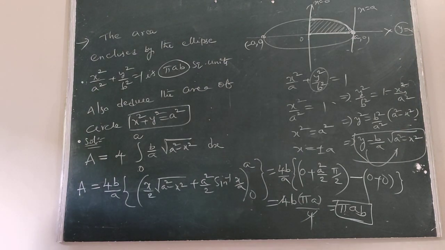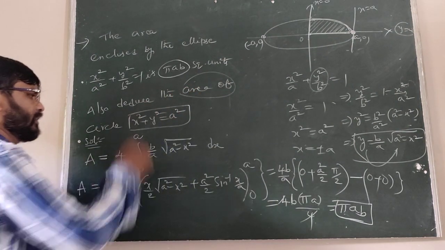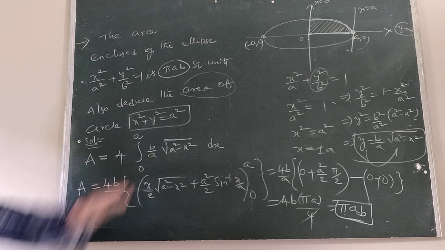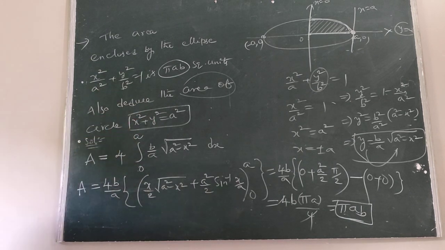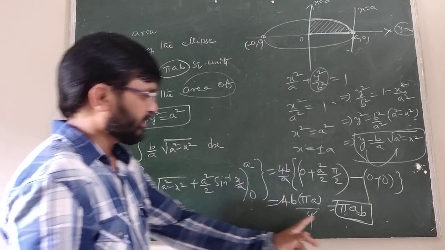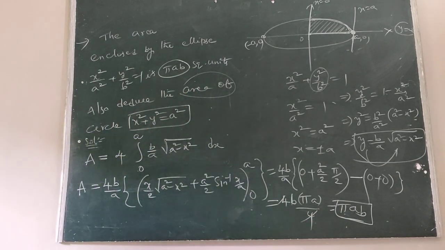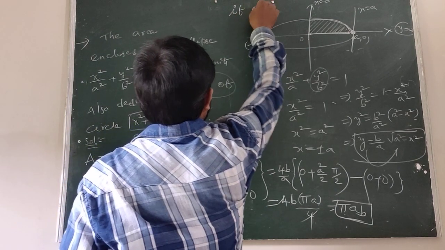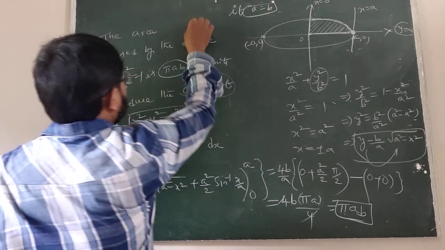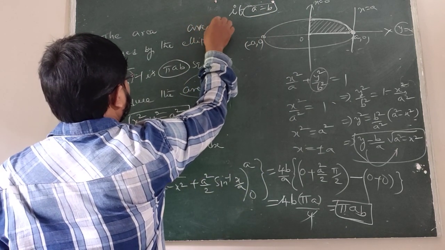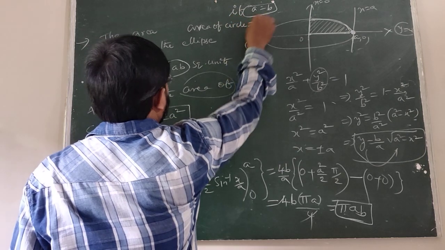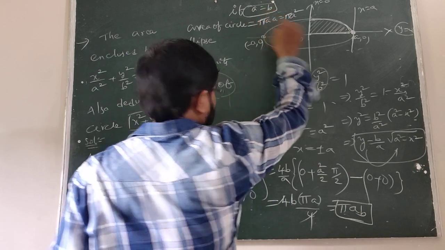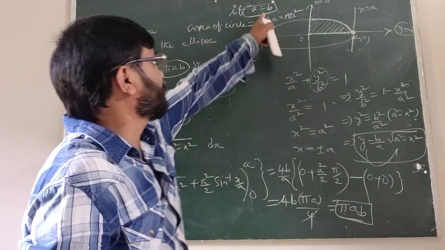All of you listen here, also deduce the area of the circle. When a equal to b, the ellipse becomes a circle. Is it clear? Therefore, if a equals b, then the area of the circle is pi a square.